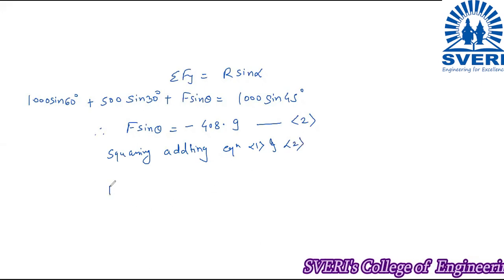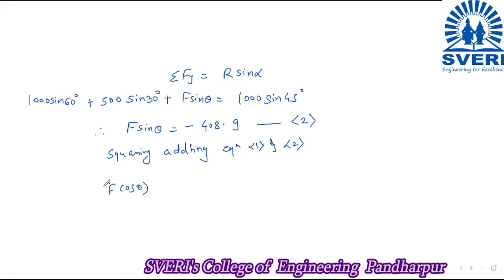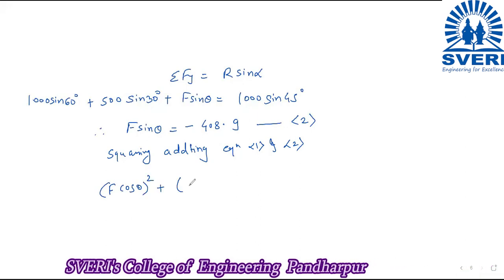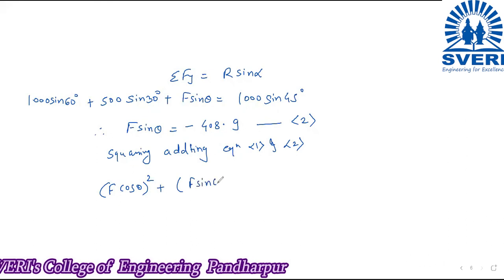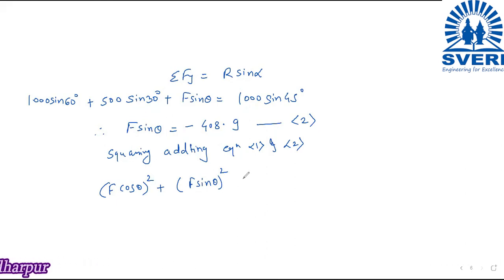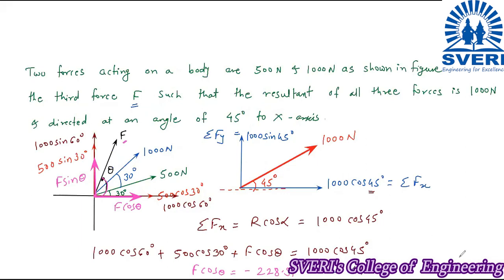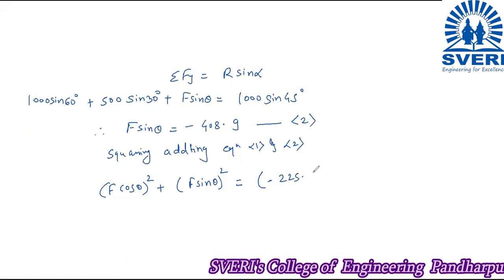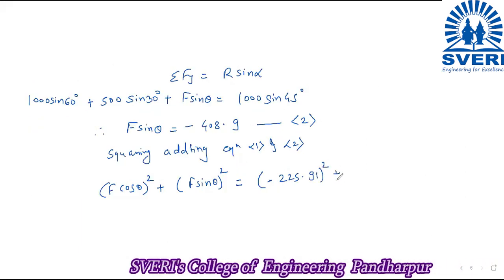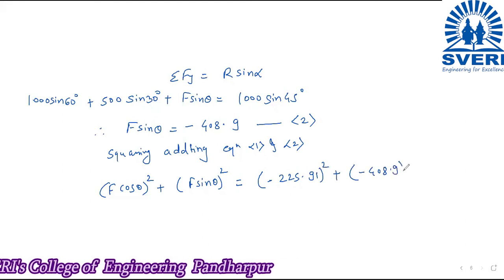Now square and add means what? F cos theta squared plus F sin theta squared. This is the squaring and adding. LHS is equal to minus 225.91 squared on the RHS plus minus 408.9 squared.